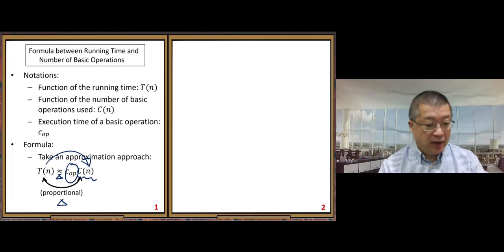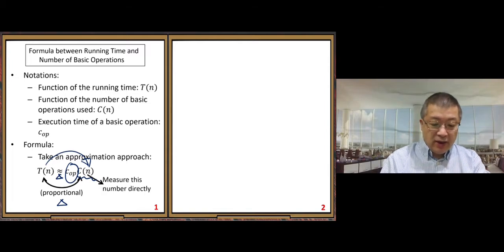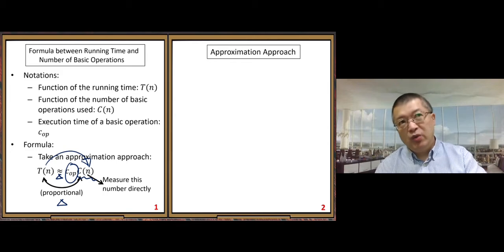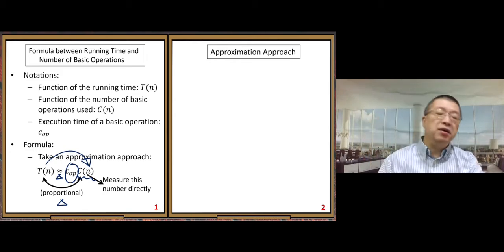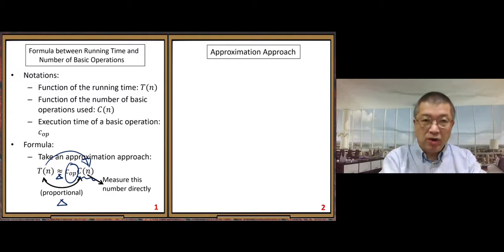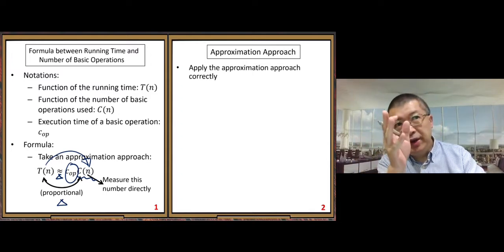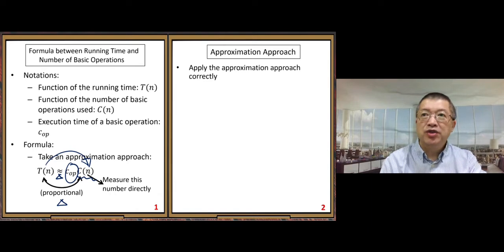Next, approximation approach. We want to look at some more details for this approximation approach. When we apply the approximation approach, we should do it in the right way. So what is the right way?